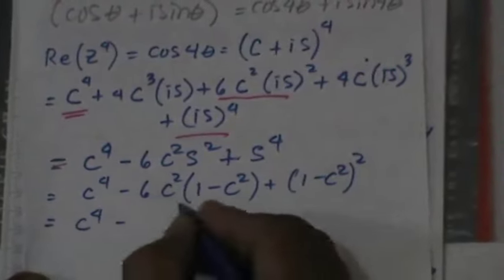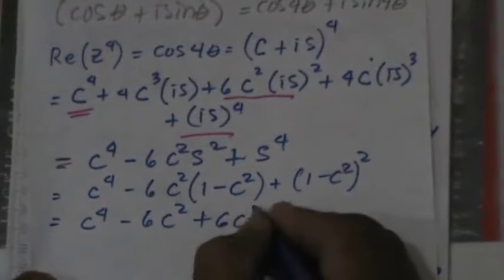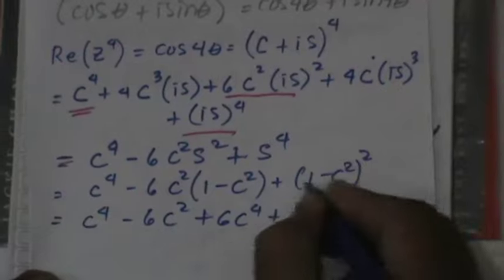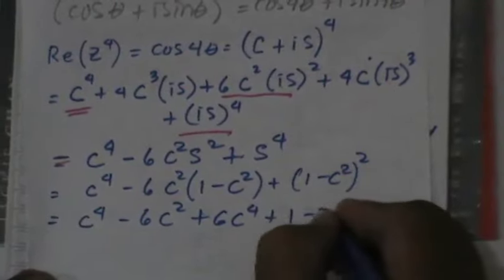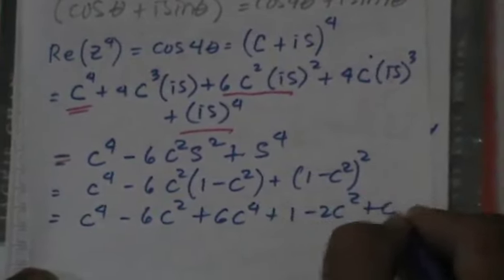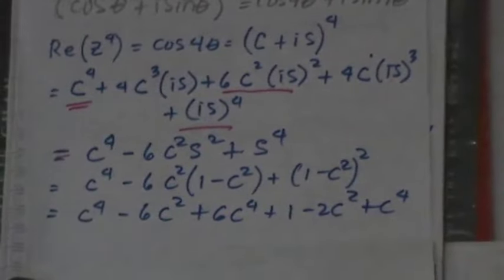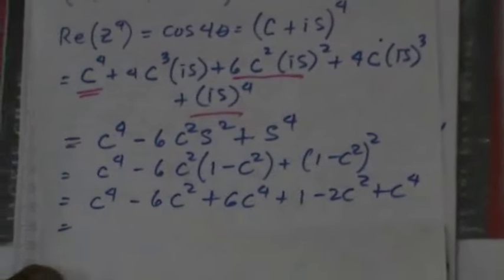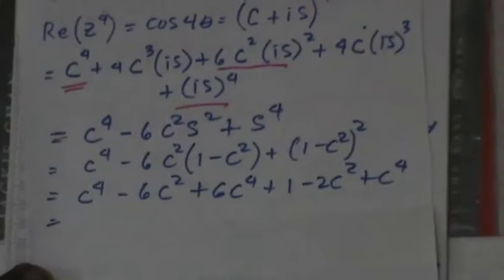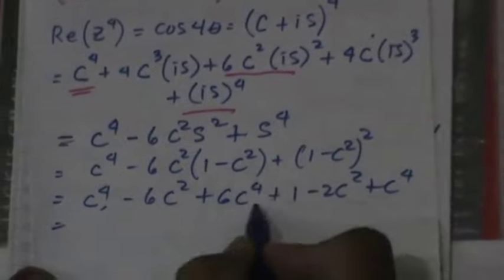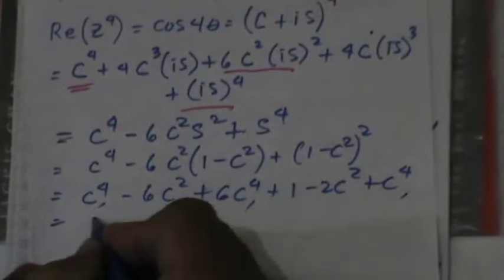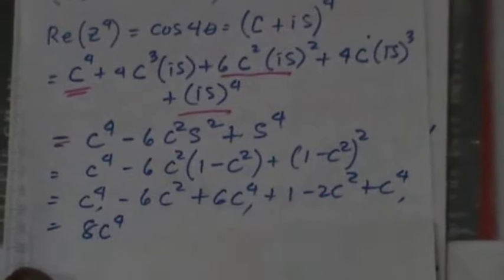Then we simplify that. c to the 4 minus 6c squared plus 6c to the 4th, plus expanding this one, 1 minus 2c squared plus c to the 4th. Simplifying further, c to the 4th plus 6c to the 4th plus c to the 4th gives us 8c to the 4th.